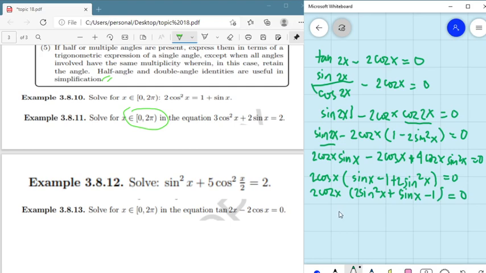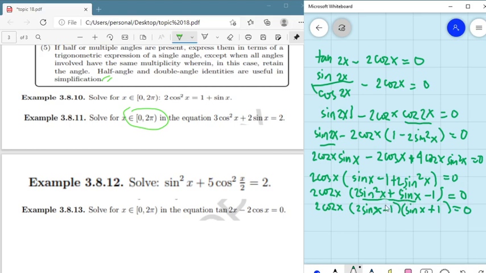Using factoring, it will be 2 cosine x, quantity 2 sine x minus 1, quantity sine x plus 1 equals 0.